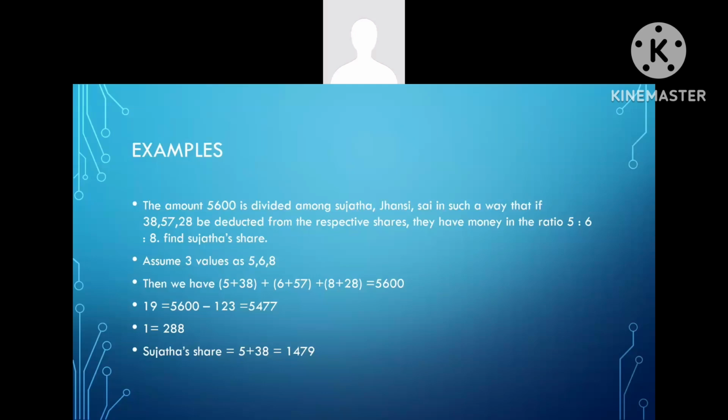Then 5 plus 38 plus 6 plus 57 plus 8 plus 28 equals 5600. This becomes 19 equals 5600 minus 123, that is 5477. So 1 becomes 288. Then Sujata's share is 5 into 288 plus 38, that becomes 1478.